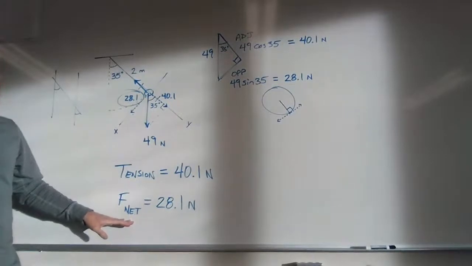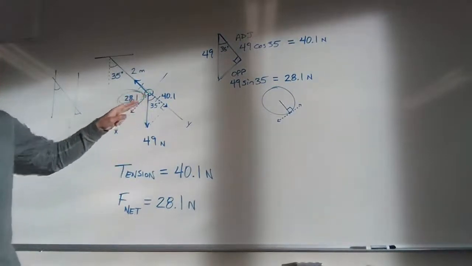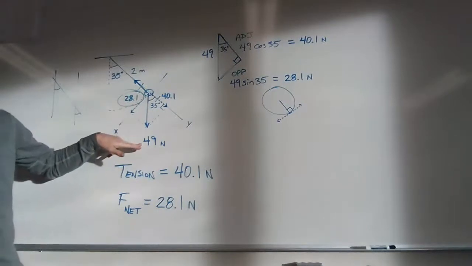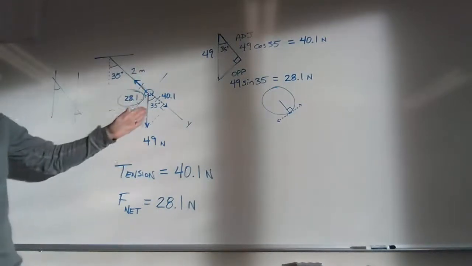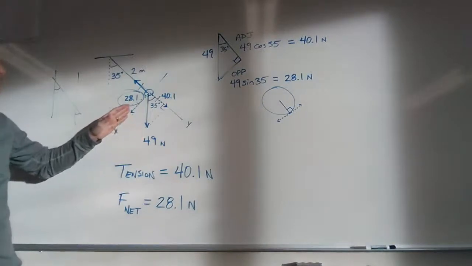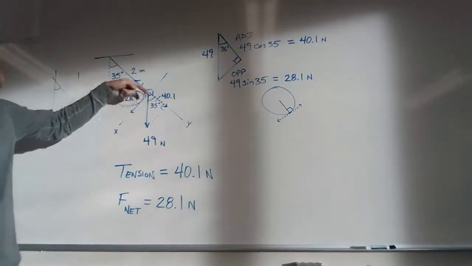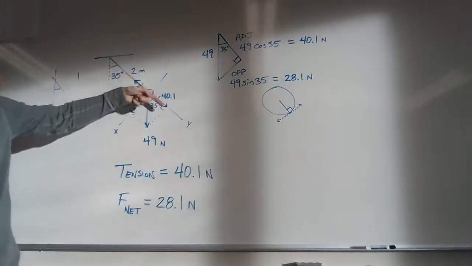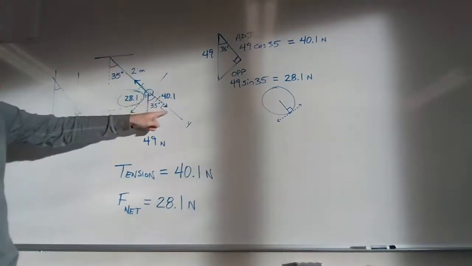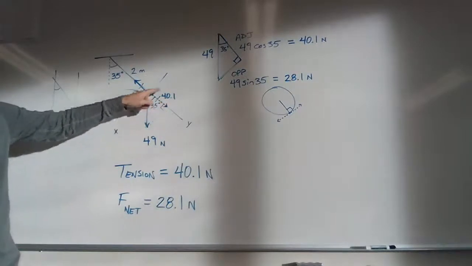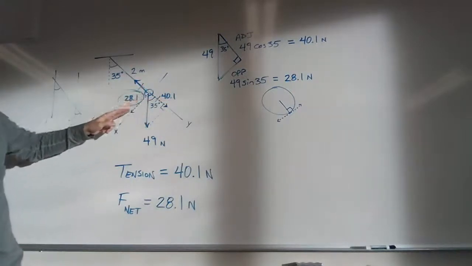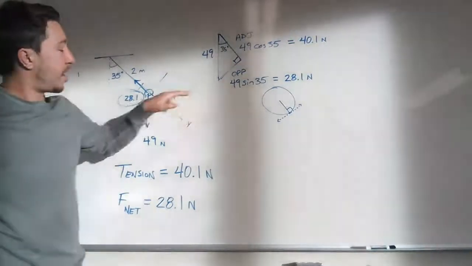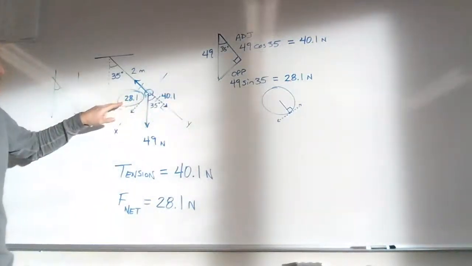We could say it was the tangential component of the gravity force vector. There was a gravity force vector pulling down, and the radial component, the component in the same direction as the string, gave us the tension, so those cancel out, and then the tangential component, which came from 49 sine of 35, gave us the net force, okay?